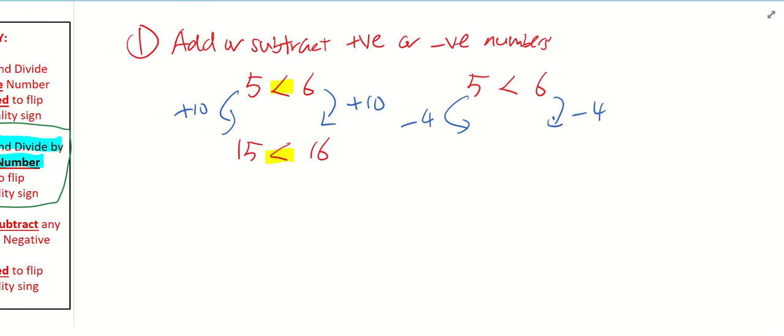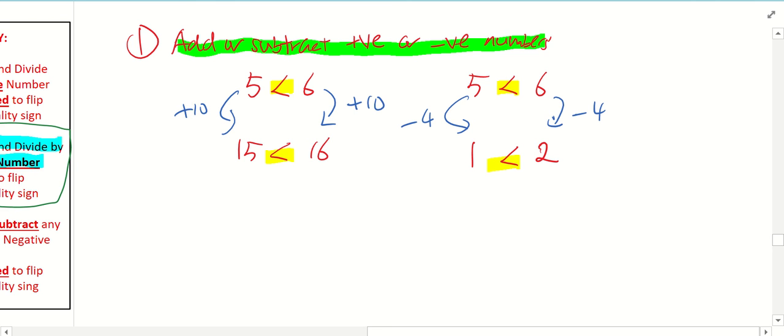On the left hand side, 5 minus 4 is 1. On the right, 6 minus 4 is 2. You realize that the inequality doesn't change. So if I add or subtract numbers to both sides of the inequality, the sign will not change, whether they are positive or negative numbers.